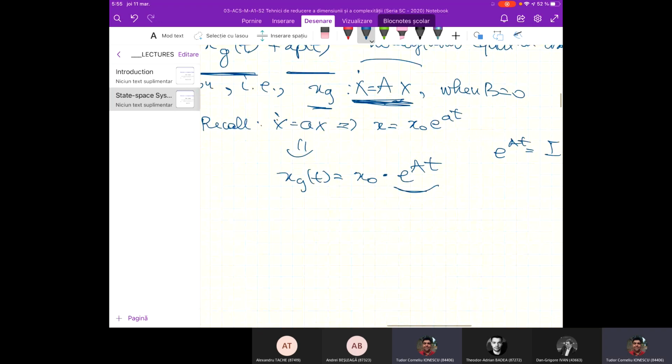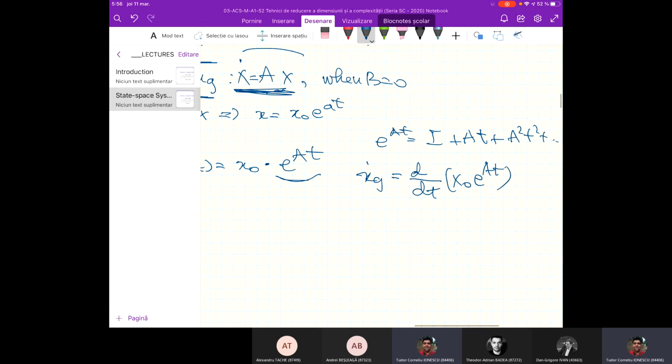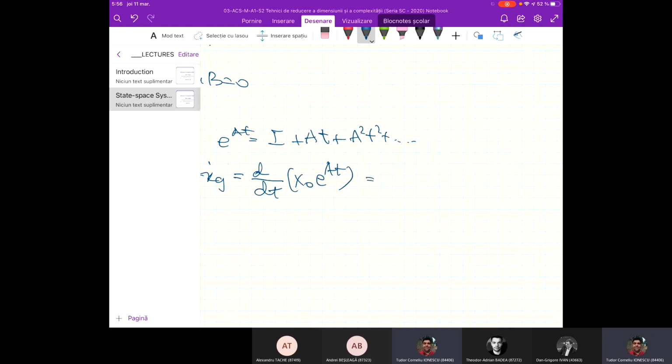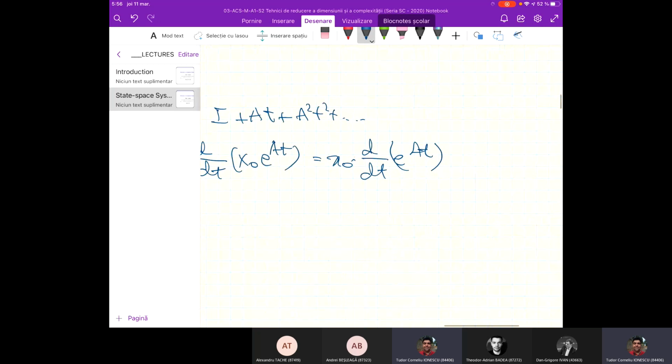Is this a solution of the equation? Let's see. Xg dot is d/dt of x0 e to the power At, so this is x0 times d/dt of e to the power At. Now what's the derivative? Let's take the derivative term by term.